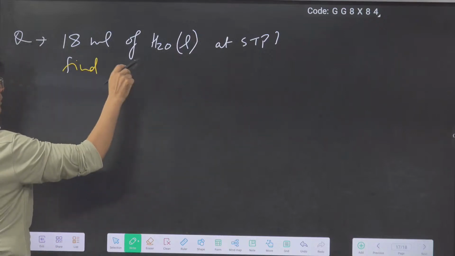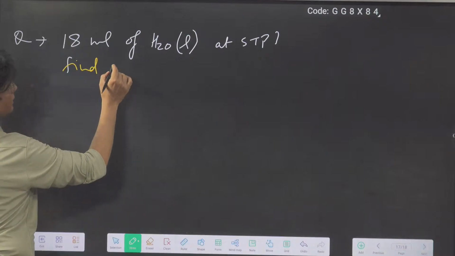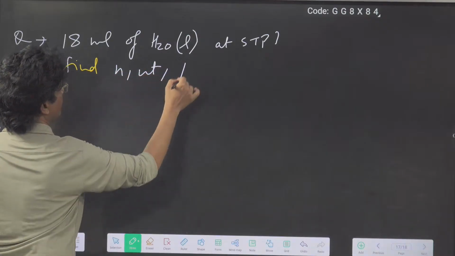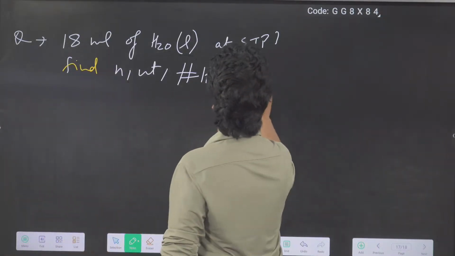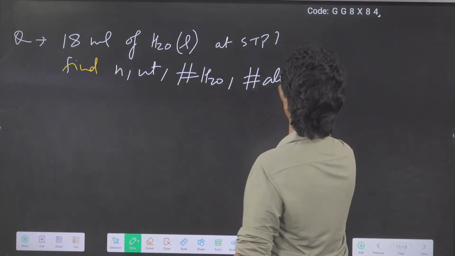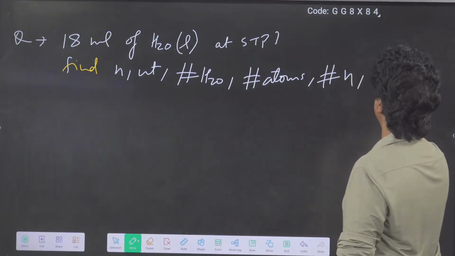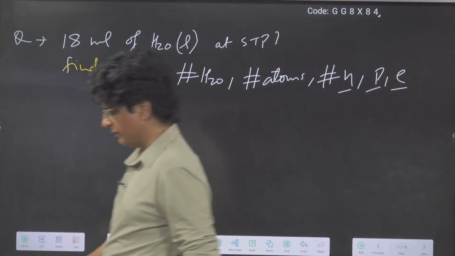Be very careful. Find the number of moles, weight of water, number of molecules of water, number of atoms available, and number of neutrons, protons and electrons separately. Come on, solve it.